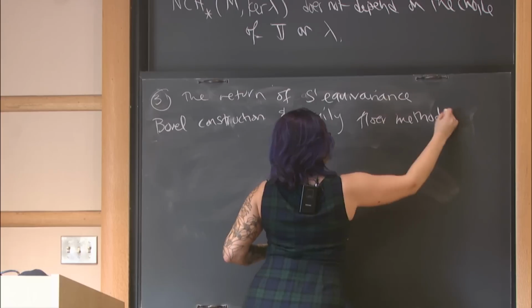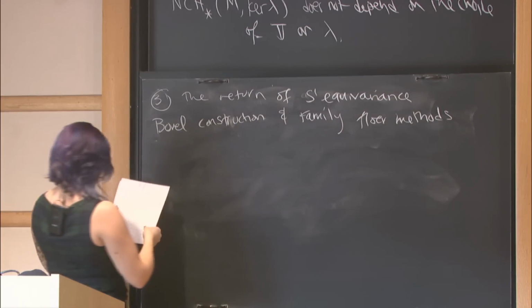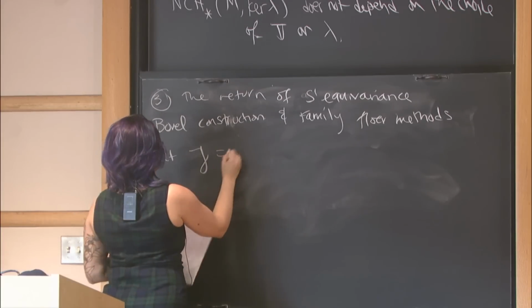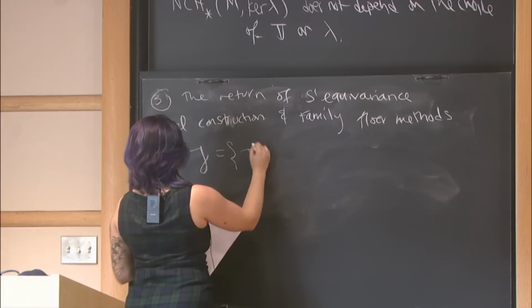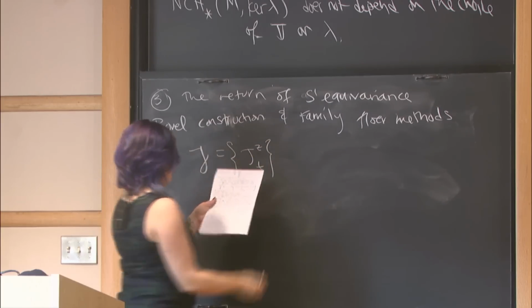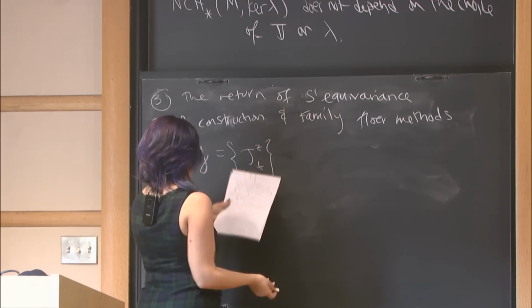Okay, so now we need to use a bigger family of J. So let script J be something that depends on both S1 and ES1, because we're going to do some sort of Borel construction.